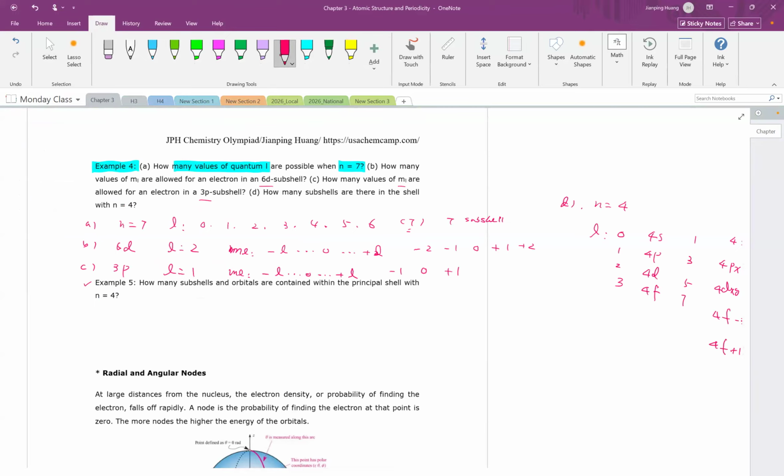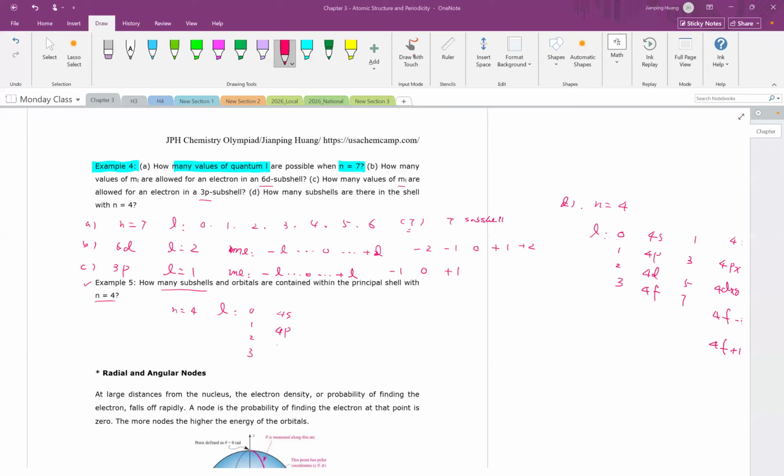Sample 5, n equals 4, how many subshells? And n equals 4, we just did, right? L equals 0, 1, 2, 3. And the subshells should have a 4: 4s, 4p, 4d, 4f.